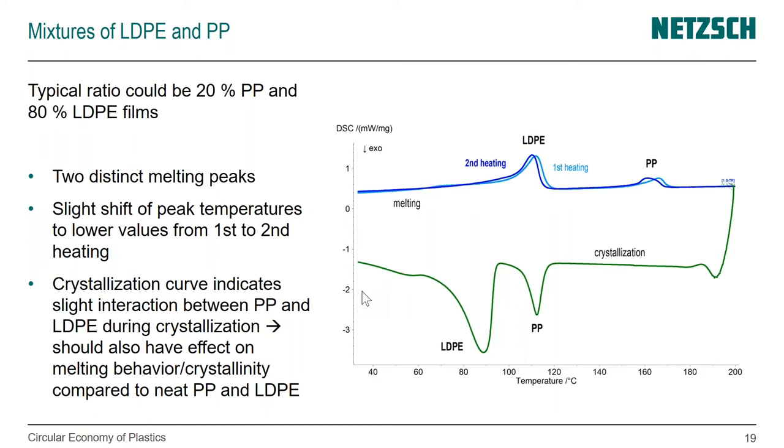Since glass transition shows up as a step in the curve because of a change in specific heat capacity, we can only really know a little bit from the size of the step if there's more or less material in it, but we have no means to identify.